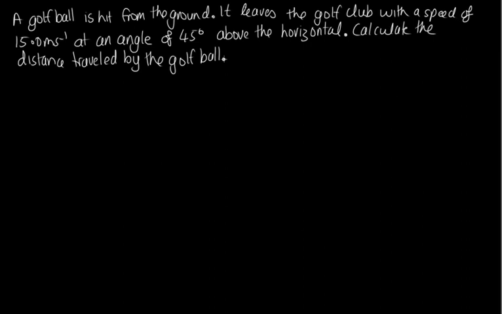To answer this question, we should always start by drawing a diagram. So here's our golf ball. It's going with an initial velocity v like this. This is an angle of 45 degrees, and this velocity is given by 15.0 meters per second. And we need to find out how far it's gone.